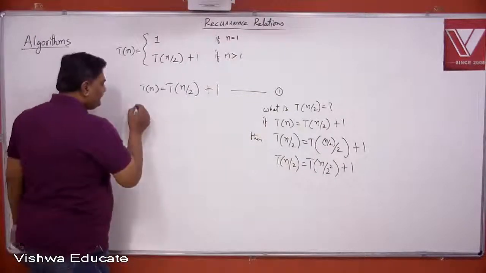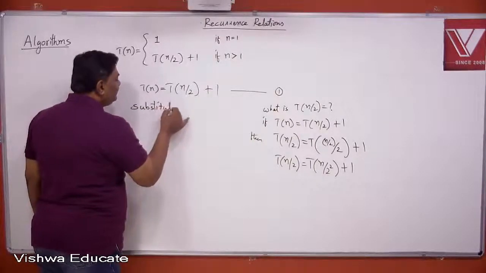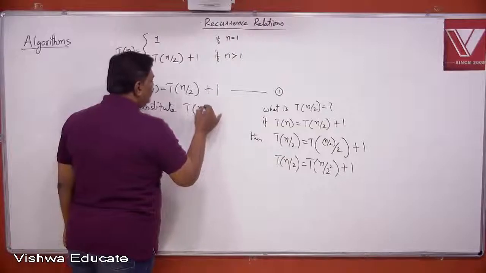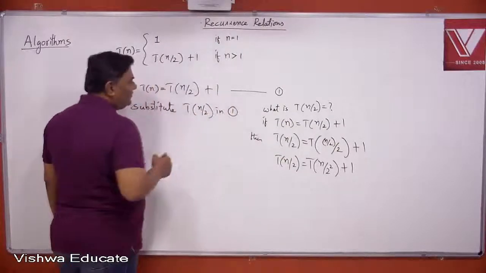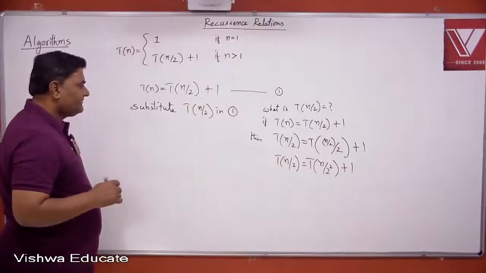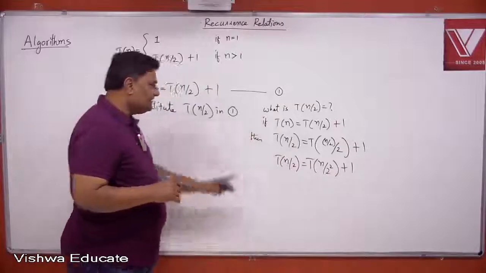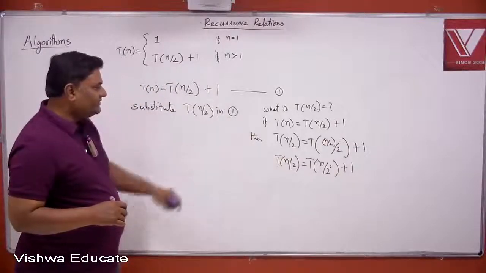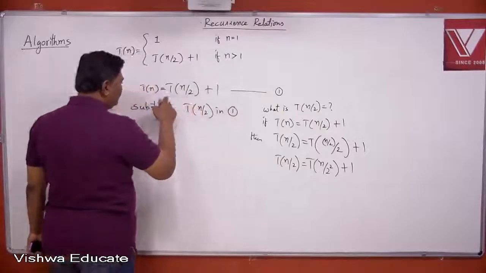Finished? Now substitute T(n/2) in equation 1. Follow this one. Don't copy this, just wait. How you copy in your notes is up to you. That part I have given separately. Then we are substituting T(n/2) in this one.